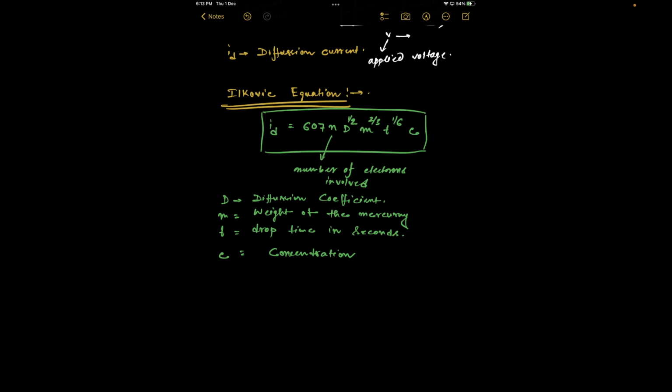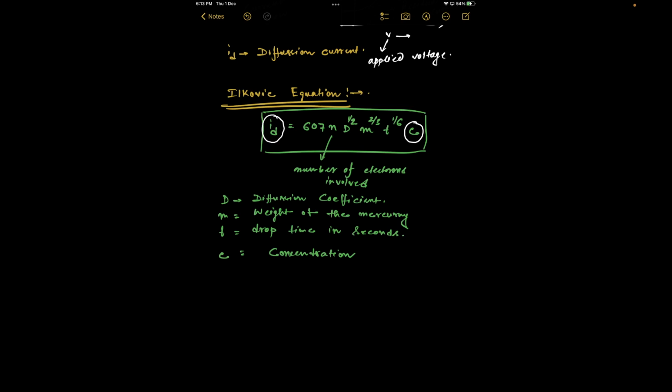So to solve this question, we just need to remember the type of the equation. Left side is the diffusion current, and the right side here is the concentration of the substance.